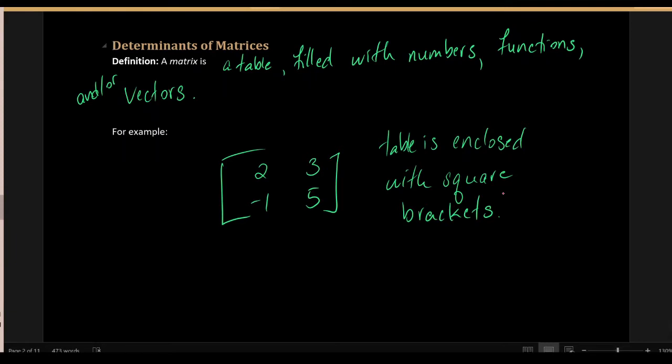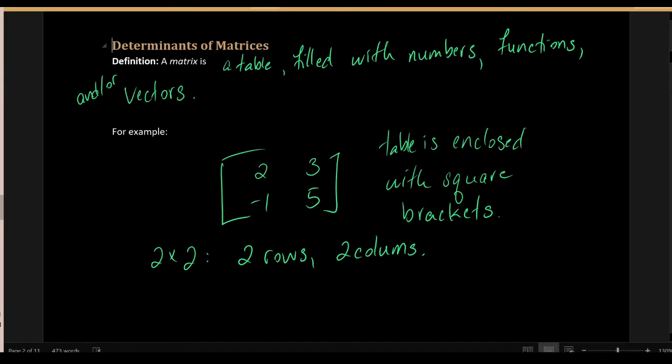We generally don't write in vertical and horizontal lines to separate those numbers because it just gets cluttered. So we just arrange them in this form where we have 2 in the upper left corner, -1 below that, 3 in the upper right corner, and 5 below that. This would be an example of a 2x2 matrix. 2 rows, 2 columns.